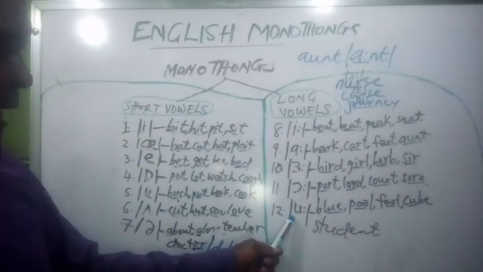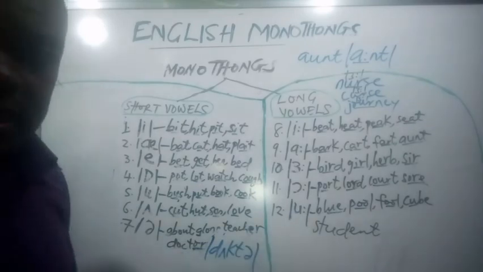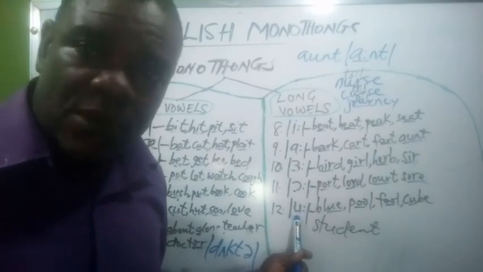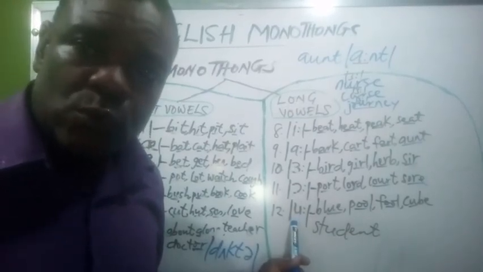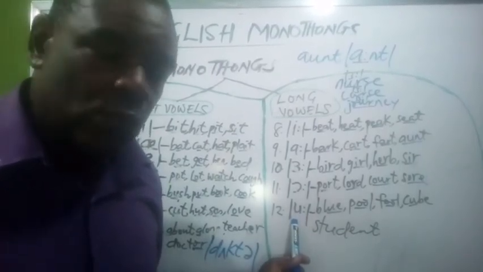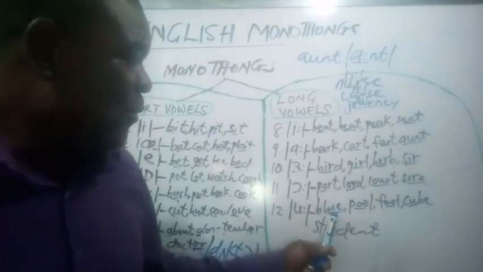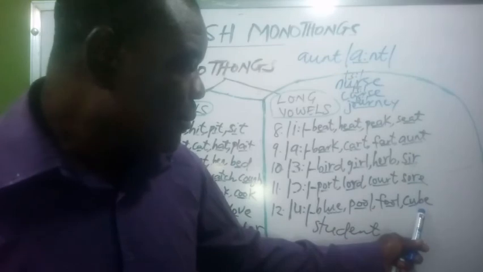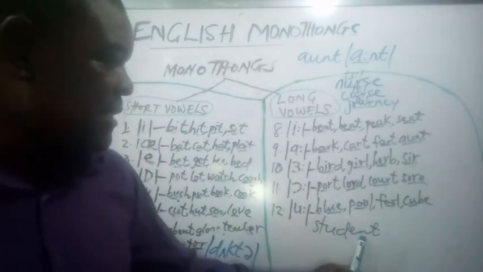The last one is the long U sound. This sound is pronounced oo, as in blue, pool, food, cube, and student.